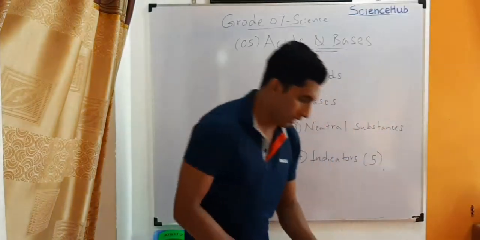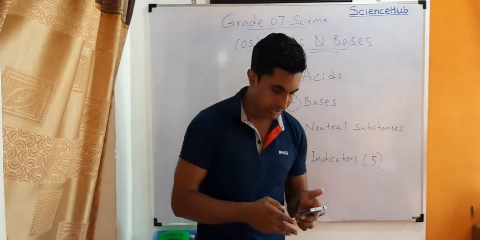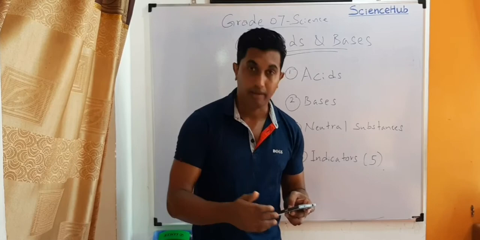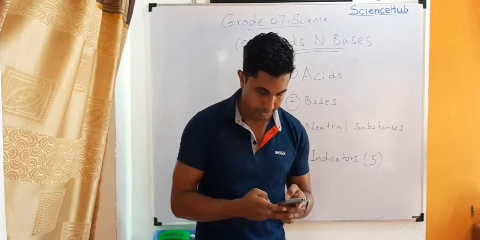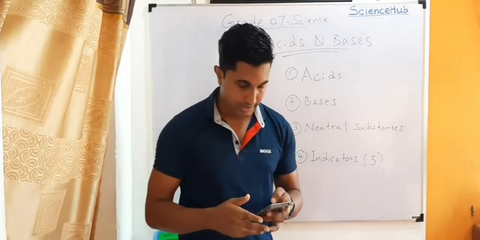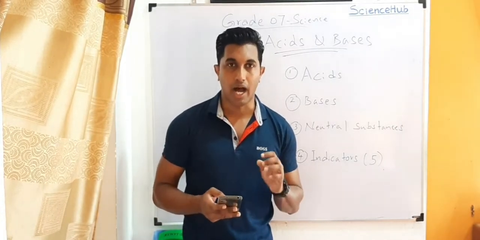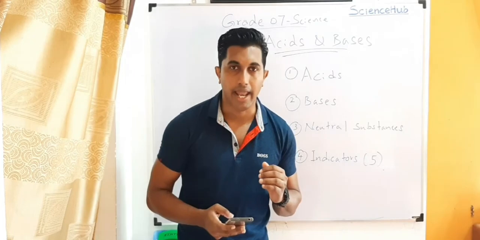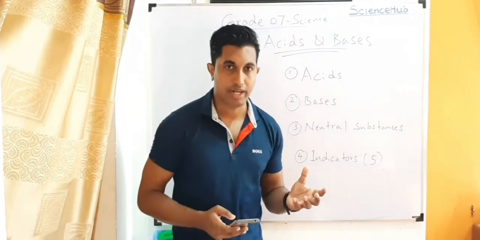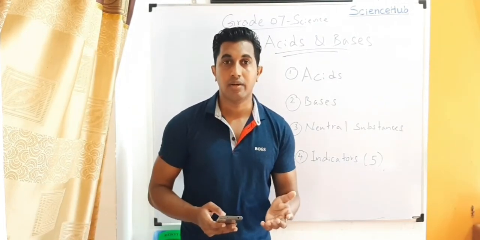Okay, the first thing is, according to your book, page number 63 of your science book, acids and bases. The first part is identification of acids and bases. Now, what are the acids and what are the bases?